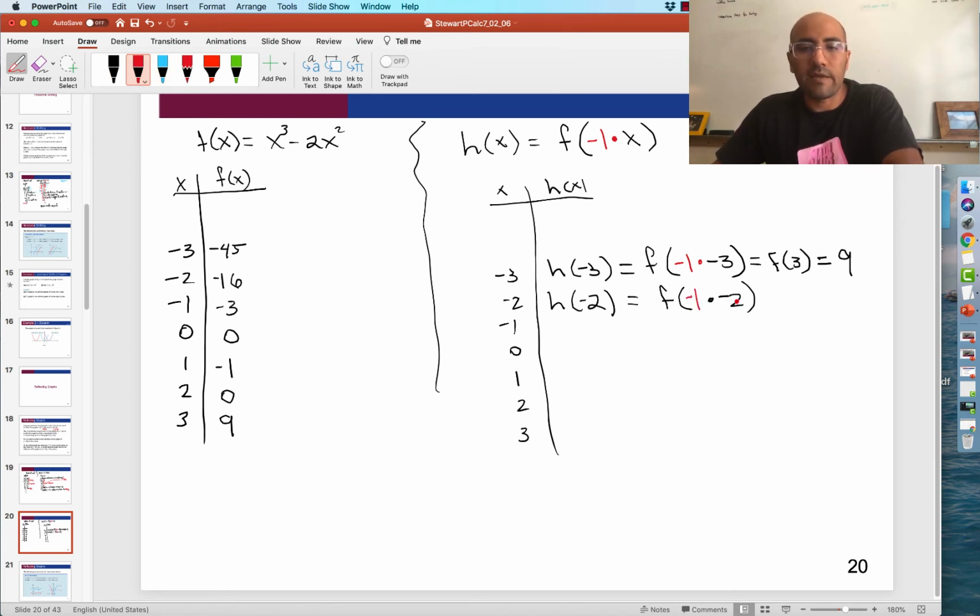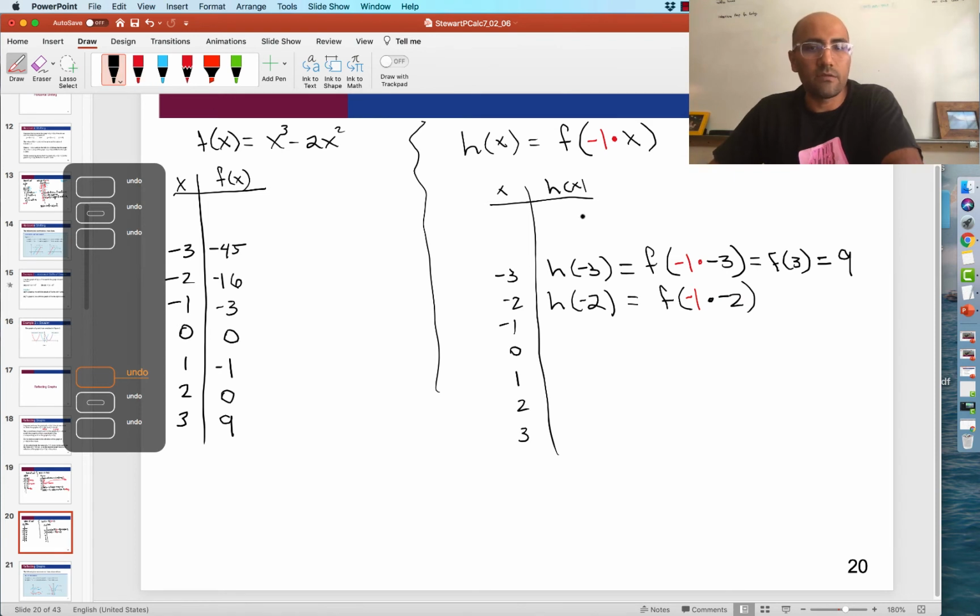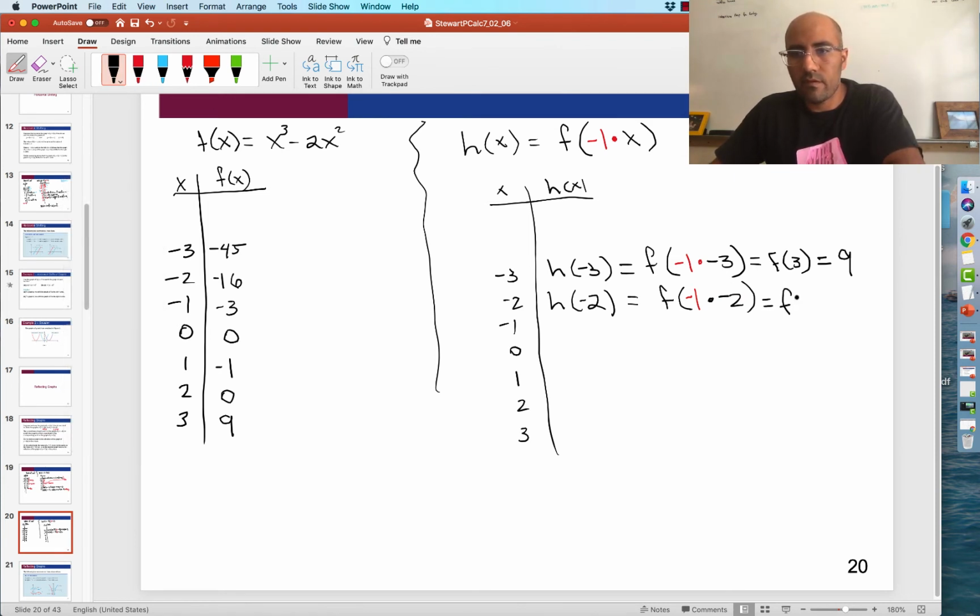And now -1 times -2 equals +2. f of 2, which means I can go back to my table and see that the answer is 0. Okay, so we start to see a pattern here. When I plug in a -1, I'm really going to get the answer I normally would have gotten for f of +1.